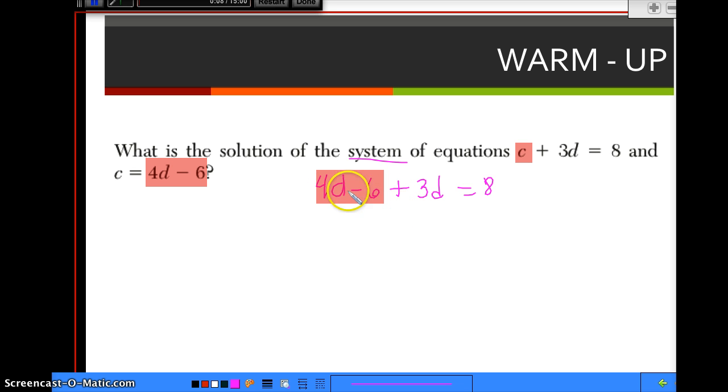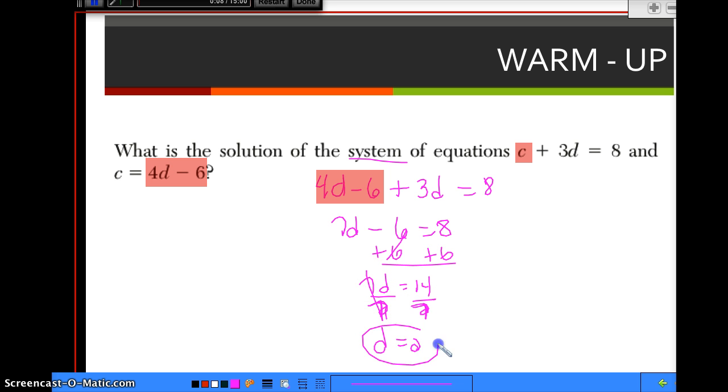Combine your like terms. 4d plus 3d is 7d, minus 6 equals 8. Add 6 to both sides, and you get 7d is equal to 14. Divide by 7, and d is equal to 2.